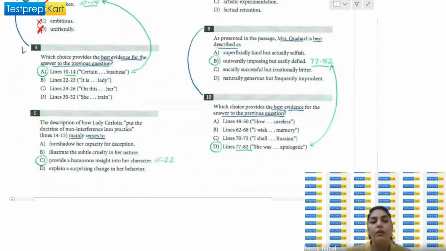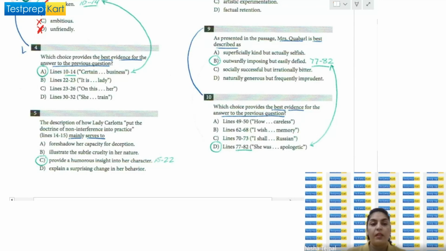Okay, next question from the passage is, which choice provides the best evidence for the answer to the previous question? It is relating to the previous question. How can you say that she is outspoken?